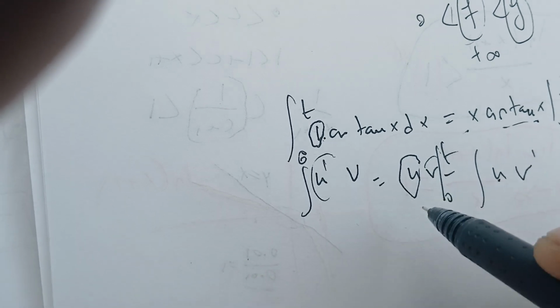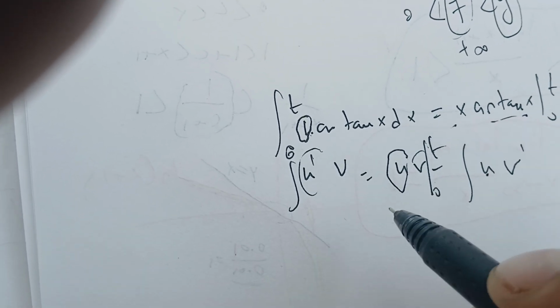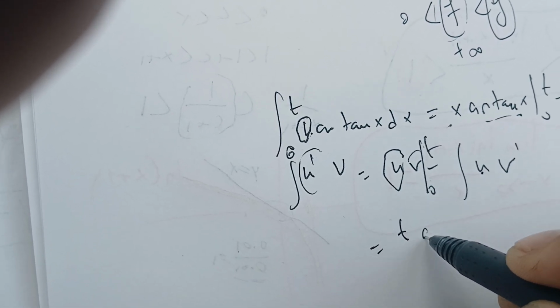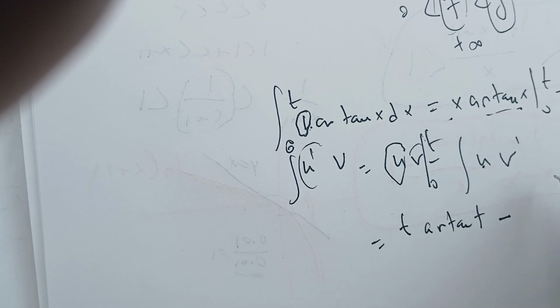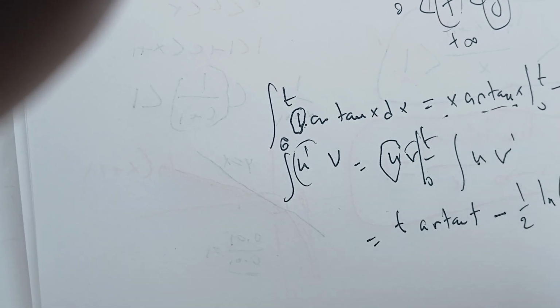When we compute this, okay, we get two values. We get t arctangent t minus 1 over 2 ln of 1 plus t squared.